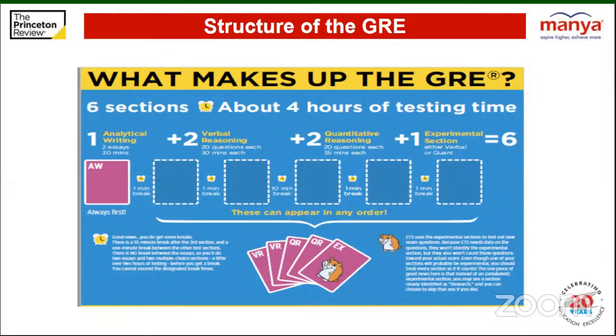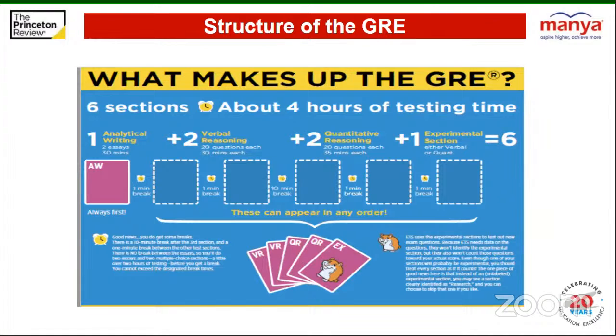You have five more sections after this. Two of them will be verbal and two of them will be quants, and there will be one experimental section which can be either quants or verbal. Coming back to the verbal section, there are 20 questions per section, and each section will be for 30 minutes. This test is basically a section adaptive test.